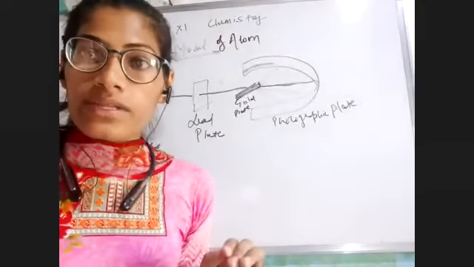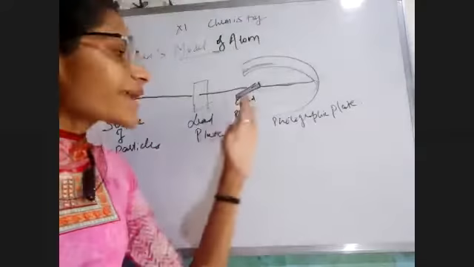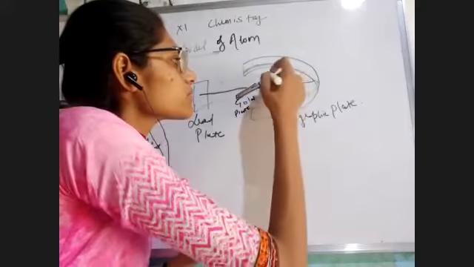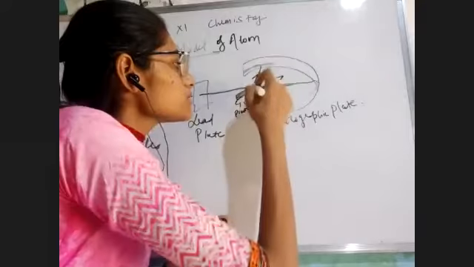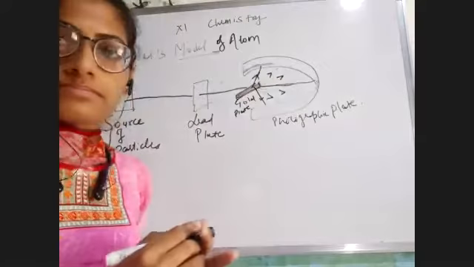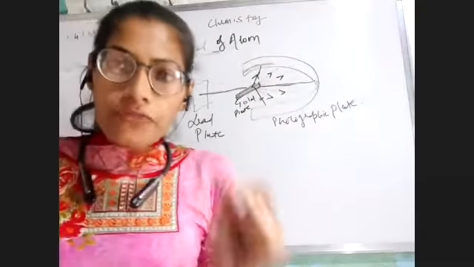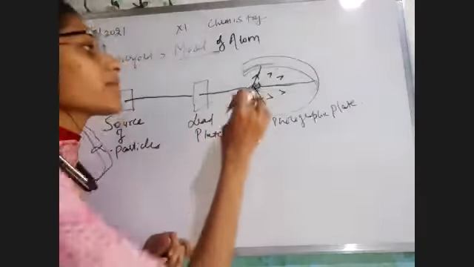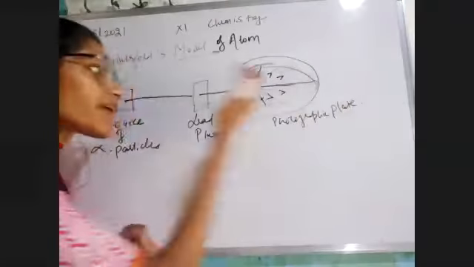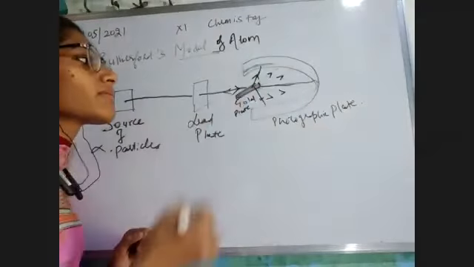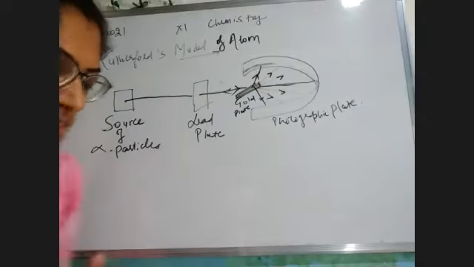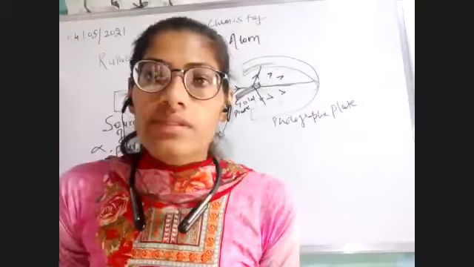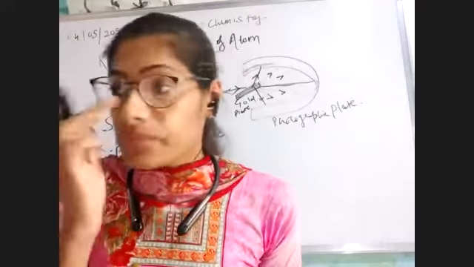Some of these alpha particle radiations, after striking the gold plate, were deflected by some angles. And only a few radiations, almost 1 out of 2000, were reflected back. That means when they strike the gold plate, they deflect back.